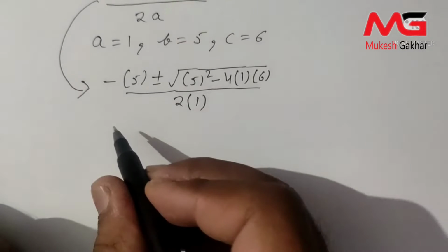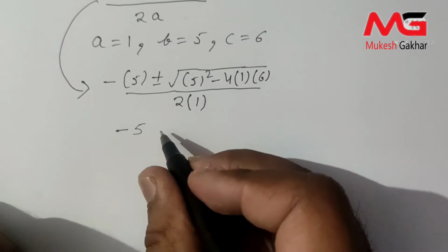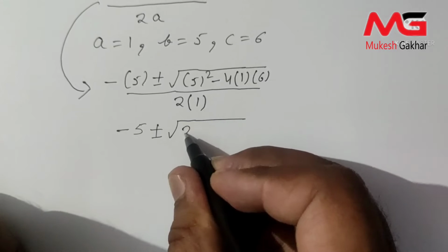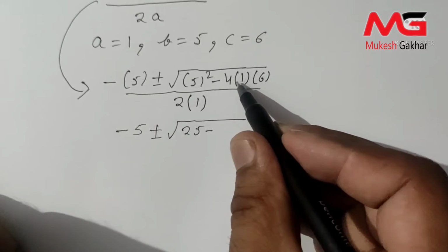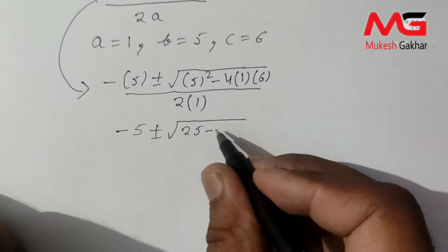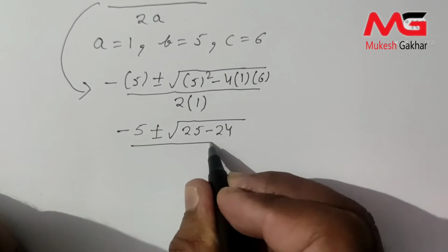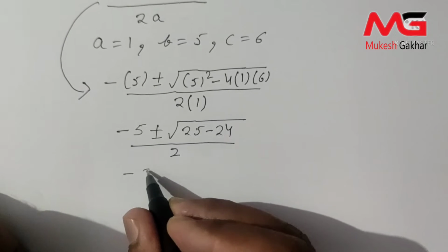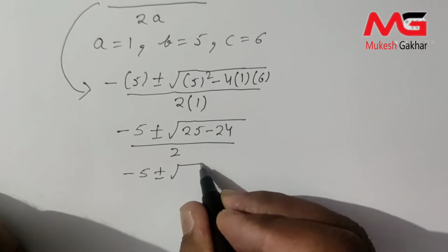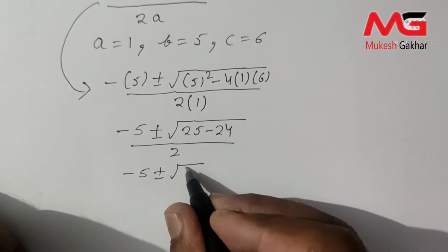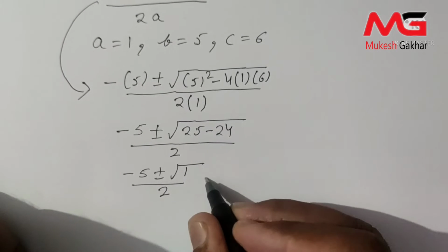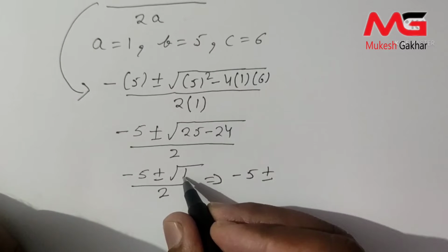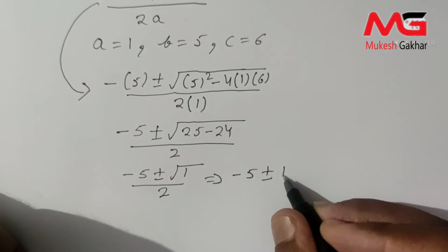So it will be minus 5 plus minus square root 5 square is 25, minus 4 into 1 into 6 is 24, and here 2 ones are 2. So it will be minus 5 plus minus square root 25 minus 24 is 1 divided by 2, or you can write minus 5 plus minus square root of 1 is 1.